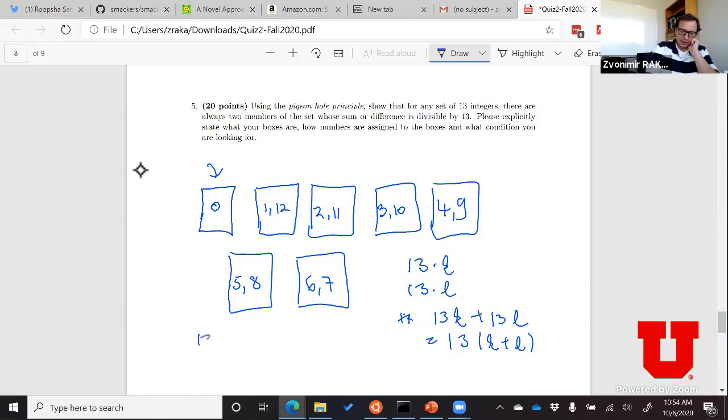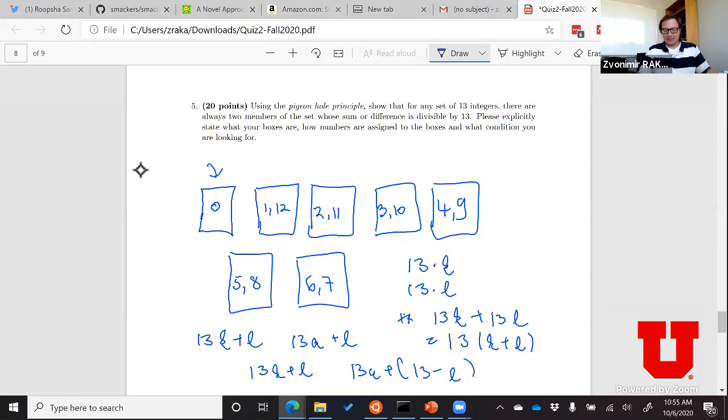So you have 13k plus l, and the other one is 13a plus l as well. So when you subtract them, they'll be divisible by 13. Or you have 13k plus l, and the other one is 13a plus 13 minus l. And now when you add them up, you get something divisible by 13. So there's a solution.